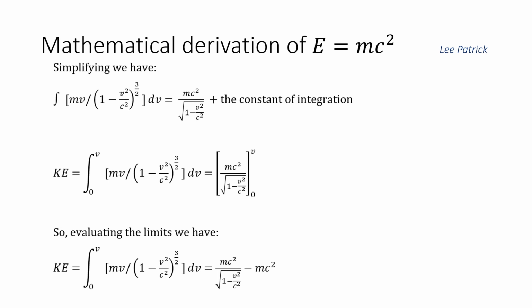Reintroducing the limits, we can see that kinetic energy equals the integral from 0 to v of mv over (1 minus v squared over c squared) to the power 3 over 2 with respect to velocity. So, evaluating the limits, we are finally left with mc squared over the square root of 1 minus v squared over c squared, minus mc squared.